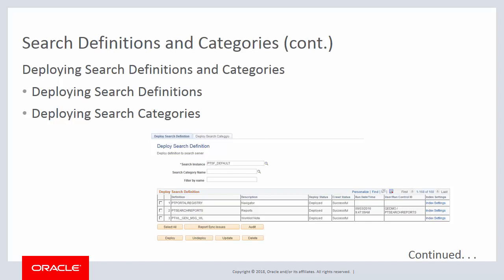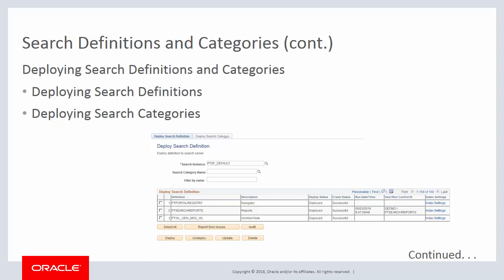Please note that when you deploy a search definition, the search category of the same name is automatically deployed. On the Deploy Search Category page, the status of search categories that are automatically deployed is shown as auto-deployed. Also note that you need to deploy search categories covering multiple search definitions manually.